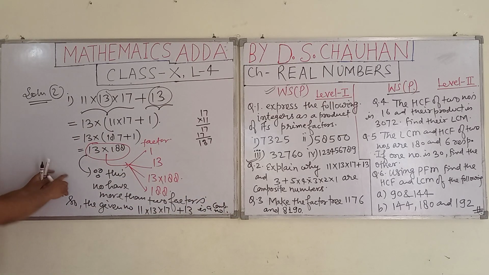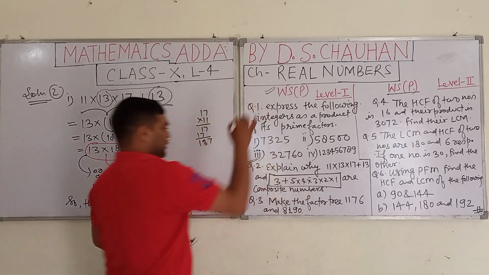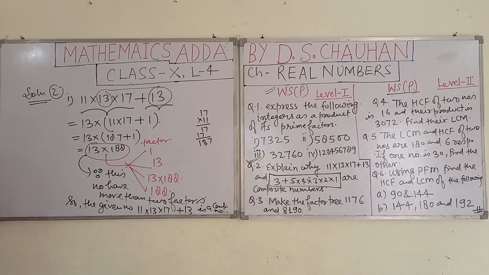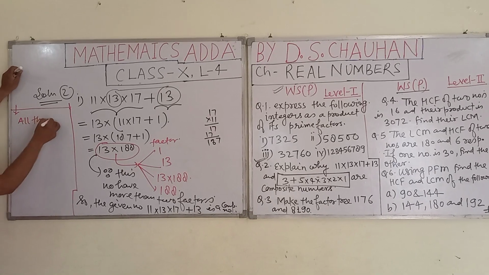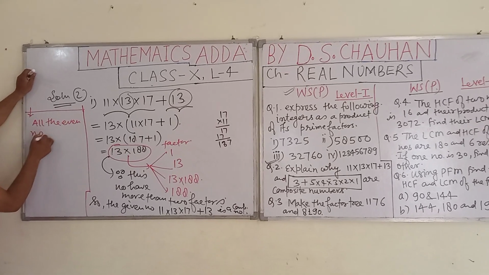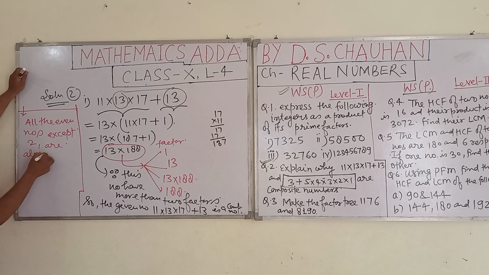In the same way students, you can do this question if you look at it clearly. Well students, one shortcut I want to tell you: whenever you have to prove a number is composite, always keep in your mind that all the even numbers except 2 are always composite.